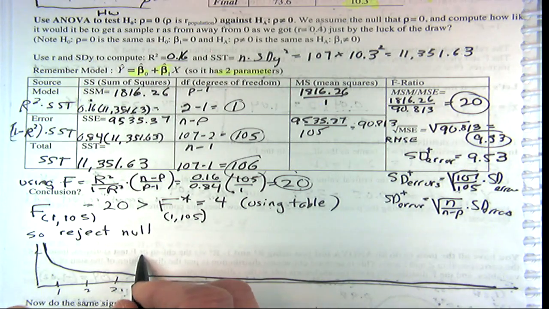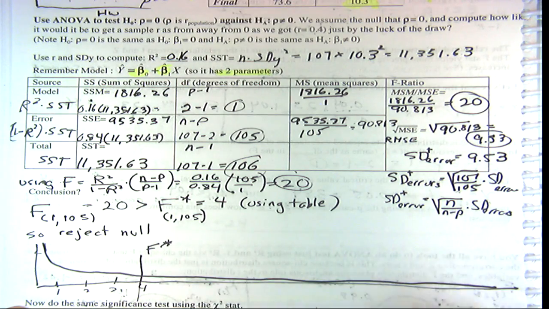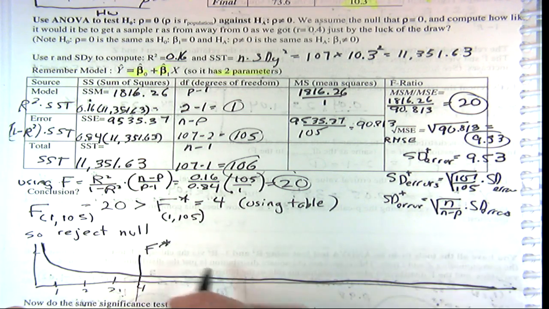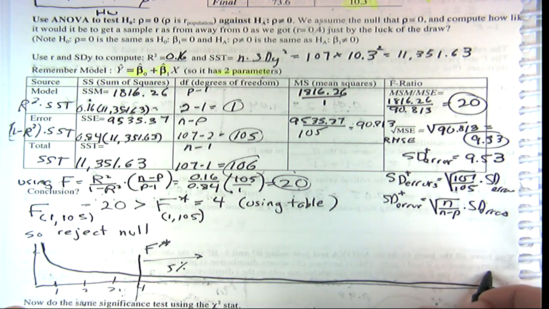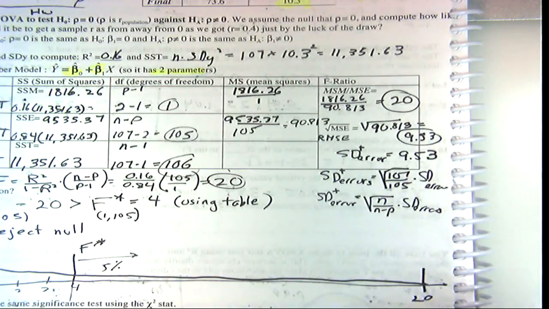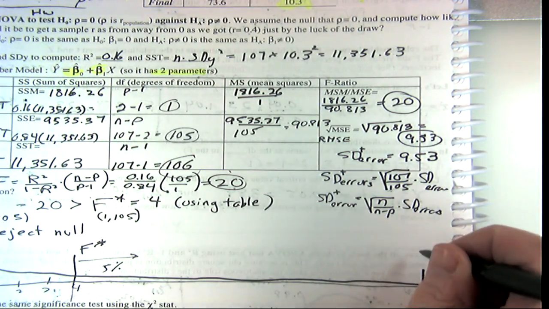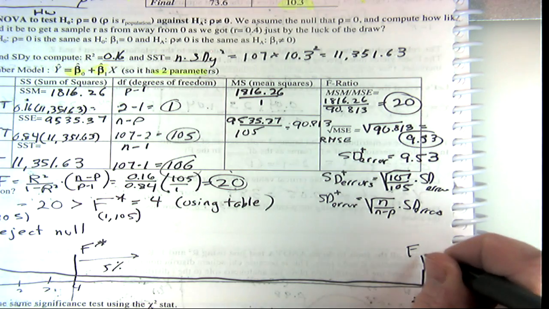And 4 is F star, which means 5% this way. Our F is 20, which means almost 0% is this way. That's our F. This is going to be a p-value of, this way, almost 0.